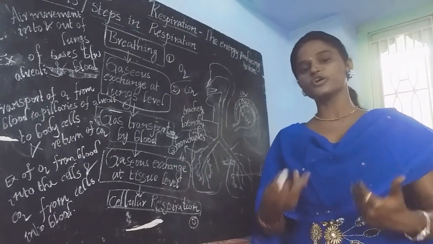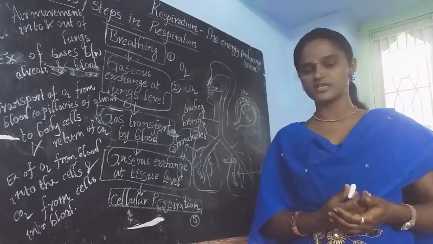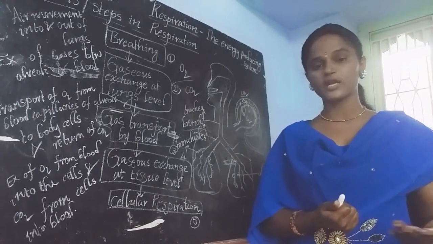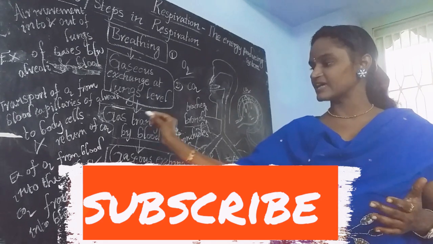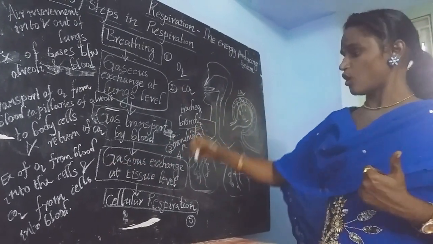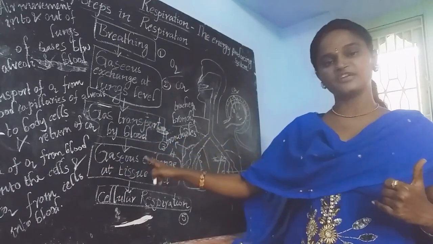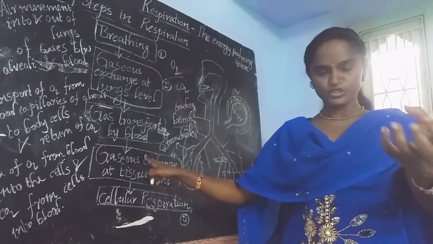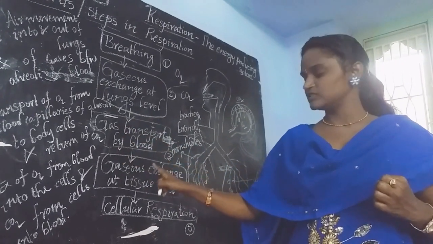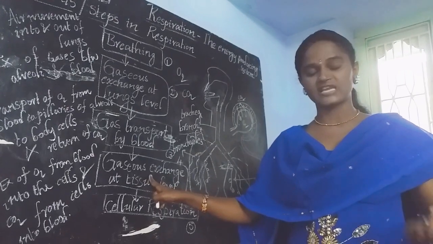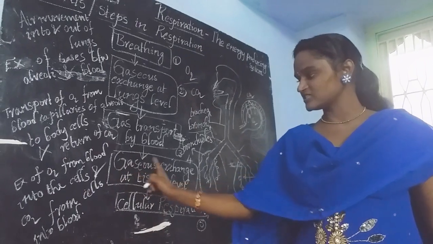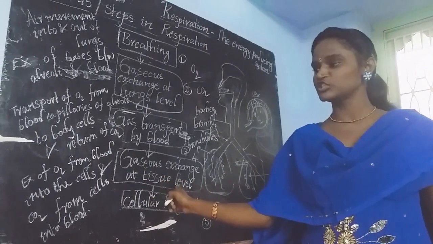This tissue is also involved in different biological processes, and they emit another gas called carbon dioxide, and this gas enters into the blood, and whenever the blood carries the oxygen, that oxygen enters into the tissue. Now the tissue receives oxygen and it supplies the produced waste product like carbon dioxide into the blood again. Like this, gaseous exchange takes place at tissue level.